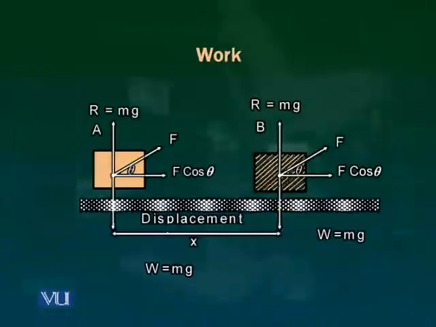Like on the slide which you are seeing, we have a force which is being applied at an angle. So the weight is downwards, the reaction is upwards, the force is at an angle, but the force in the direction of the motion is F cos theta.